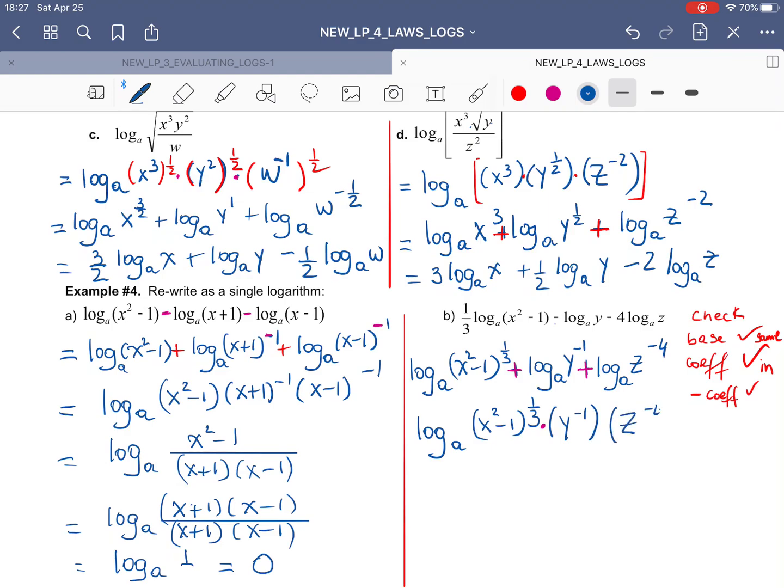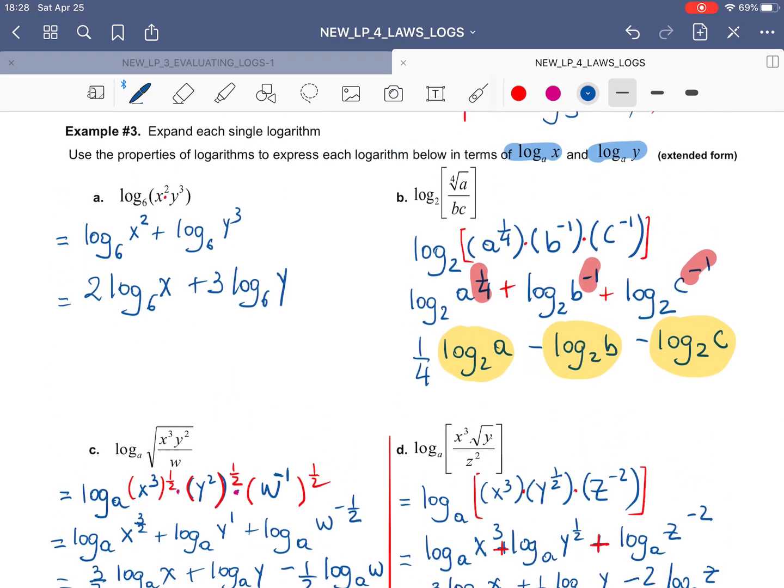And then times z to the negative 4. So we have log with base a again. Since we know that we have some negative powers, we need to bring them down. So we're going to have a rational expression to deal with. So x squared minus 1 to the power of 1/3. And then down here we have y to the power 1, z to the power of 4. So that's a single logarithm.